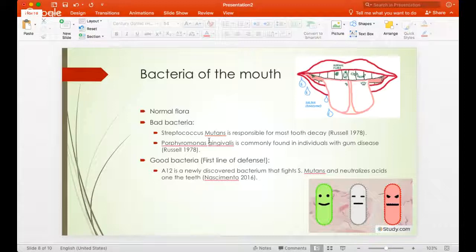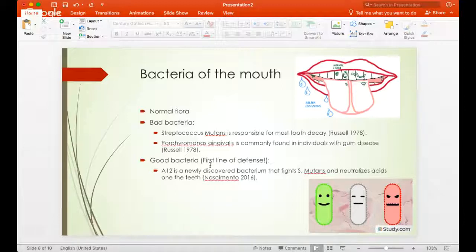The Streptococcus mutans is actually responsible for that tooth decay and producing that acid byproduct. So it's pretty bad. And this one here is also found in individuals with gum disease. So you see that there are plenty of examples of bad bacteria that are starting to be in a larger number as our history has gone forth with the human race.